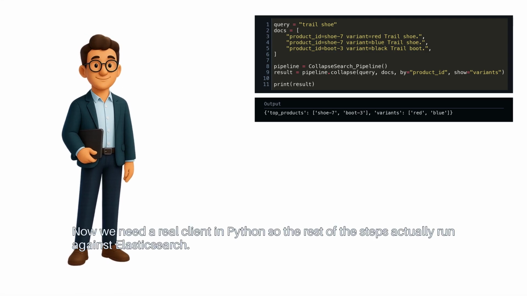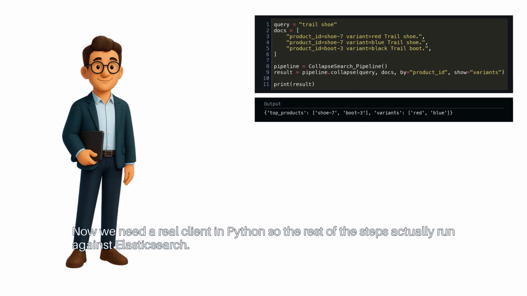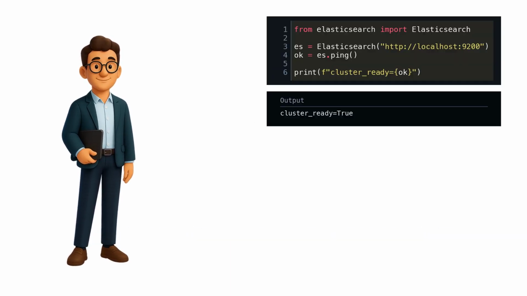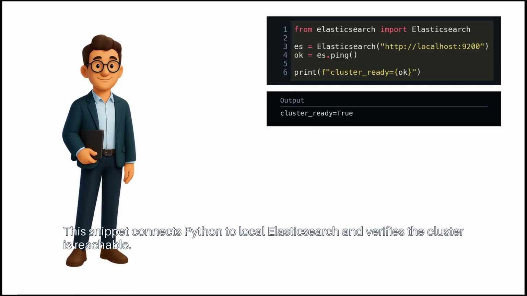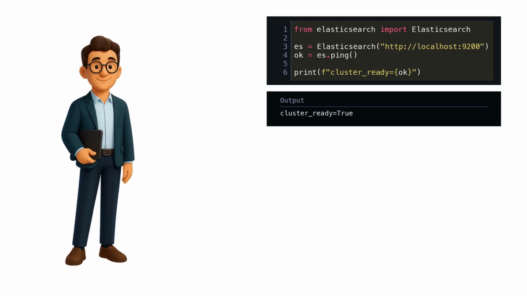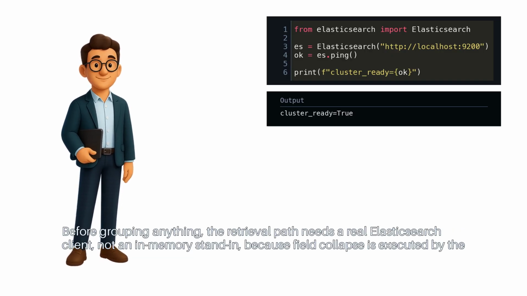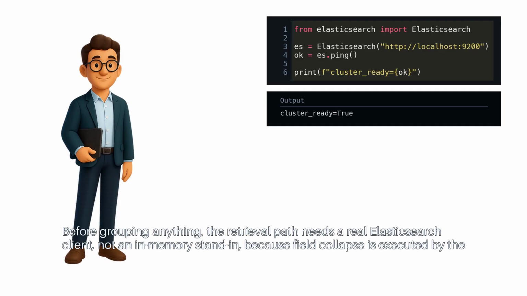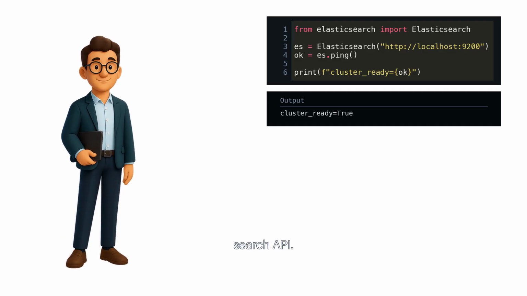Now we need a real client in Python, so the rest of the steps actually run against Elasticsearch. This snippet connects Python to local Elasticsearch and verifies the cluster is reachable. Before grouping anything, the retrieval path needs a real Elasticsearch client, not an in-memory stand-in, because field collapse is executed by the search API.